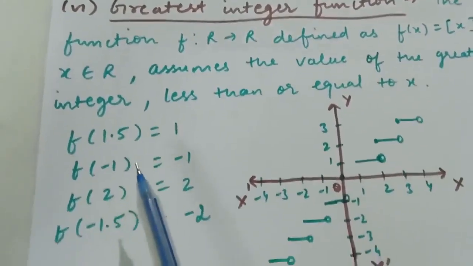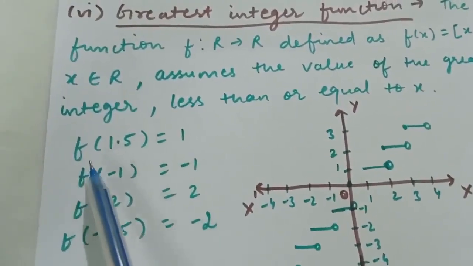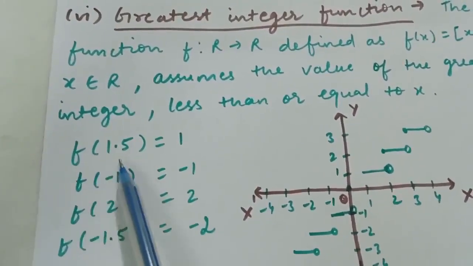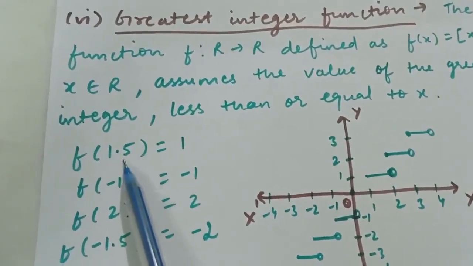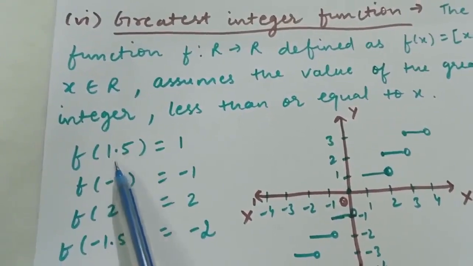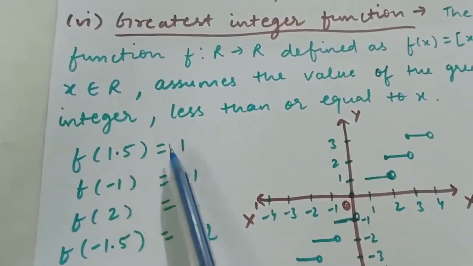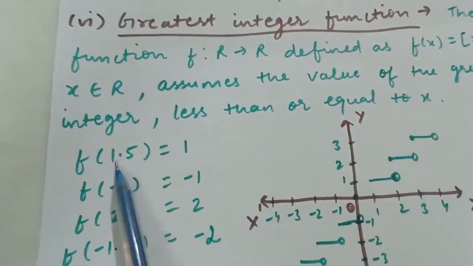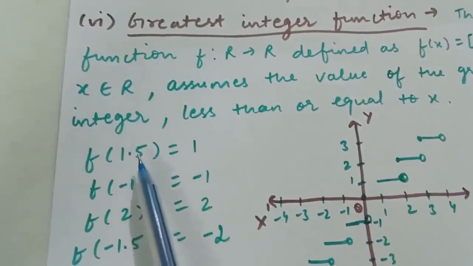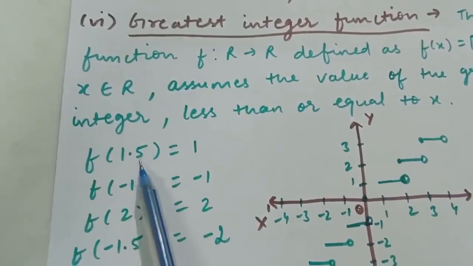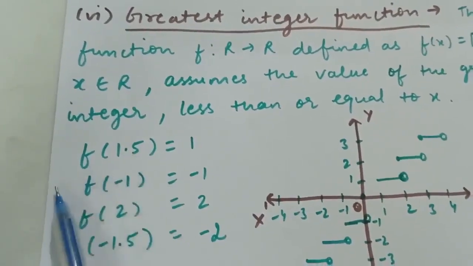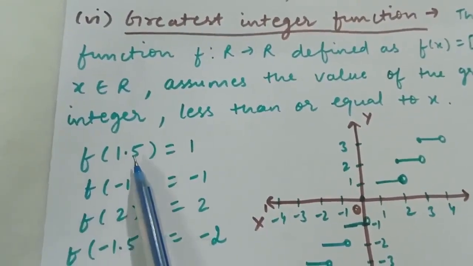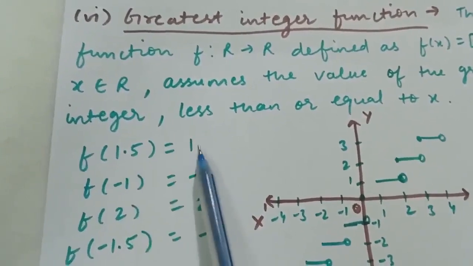Let's take some examples to understand this. Suppose we have to find the value of the function at 1.5, right? So 1.5 is not an integer. So f(1.5) is not equal to x, that is not equal to 1.5, but the greatest integer less than this number. Less than this number there are many integers, but the greatest integer less than x is 1.